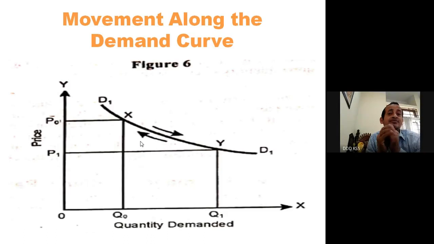What I said is that in the movement along the demand curve, the price of the good plays a very active or vital role, while the family need for the good is passive, inactive or silent.